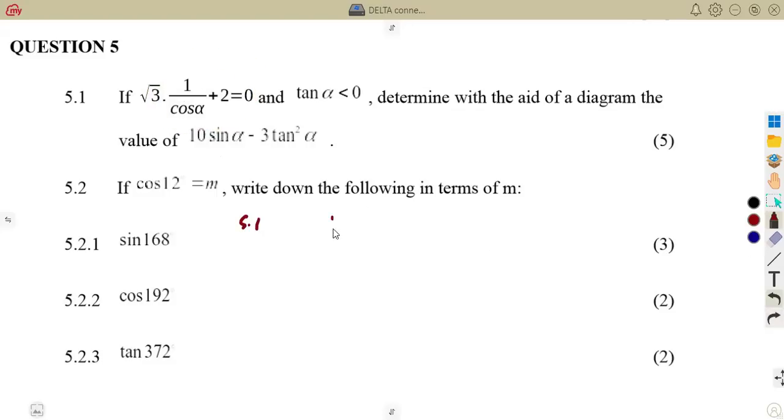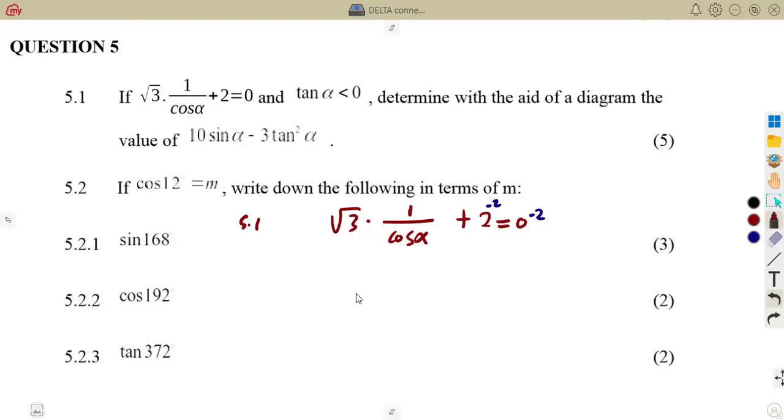That's 5.1, the square root of 3 times 1 over cos alpha, plus 2, and that's equal to 0. So, guys, we can make the cos of alpha the subject. What is affecting it is the 2, this 2 here. We can get rid of this to the other side, all right? Or simply subtract 2 from both sides of your equation.